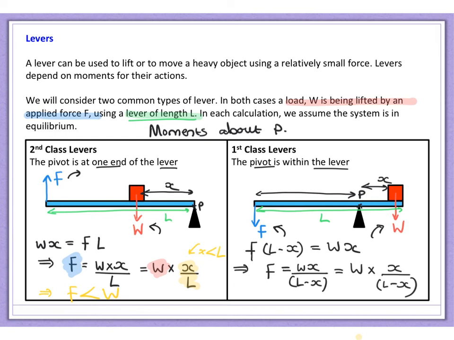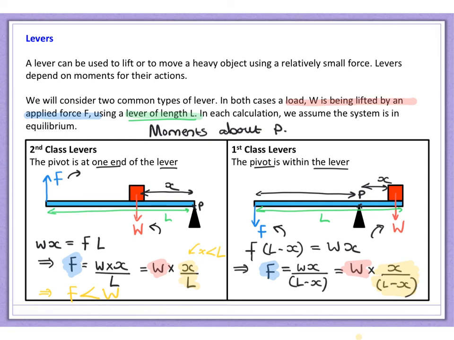Let's do a similar analysis of the second example. So again, we have F, which is equal to W multiplied by x over L minus x. Now, providing that the pivot is nearer the end where the load is, then the applied force is going to be less than the load.